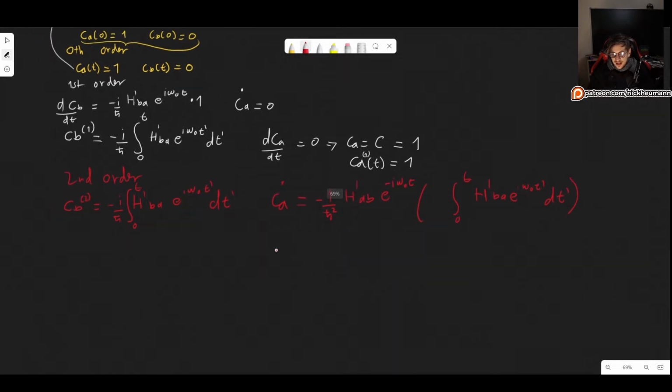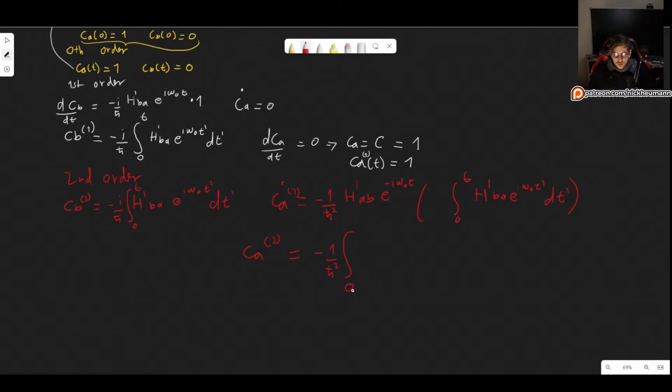Now we simply integrate, so CA to second order is minus 1 over h bar squared, and then we integrate from 0. Here we have to be careful because there are a lot of t's and a lot of integrals, but they are not the same variable.